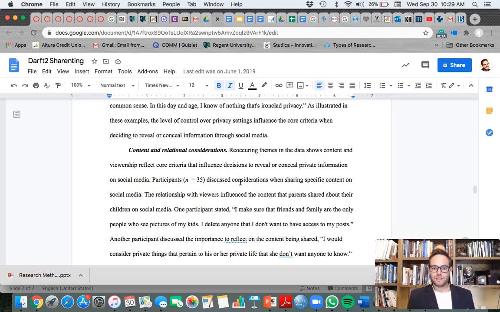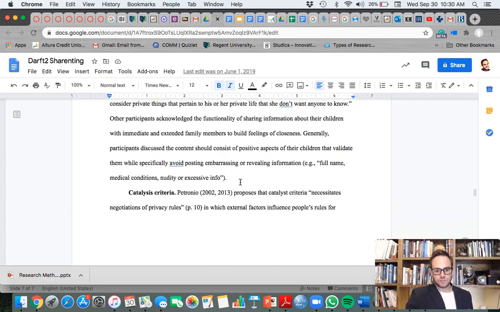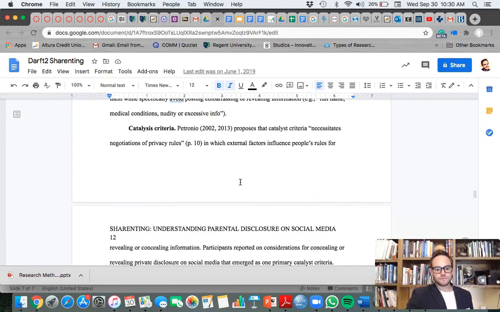Is it too revealing? One participant said, I don't take pictures of my children when they're swimming or when they have their bathing suits on. A lot of parents did mention that taking those innocent naked baby pictures was appropriate, but they only shared them with very select few individuals in close proxemics to their relationship.